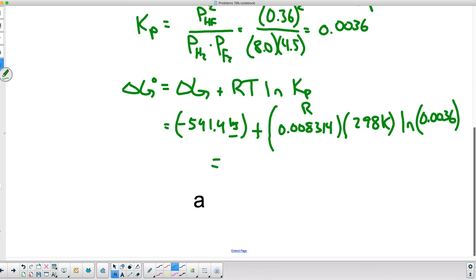When you get all of that, you should end up with negative 555.34 kilojoules, just kilojoules, not per mole. That's it. See if you can confirm my calculations and get the same answer that I did.